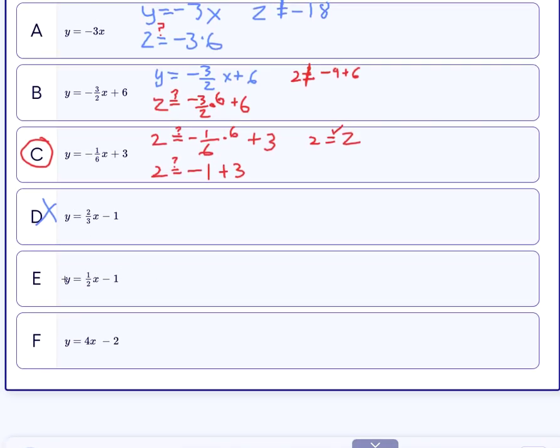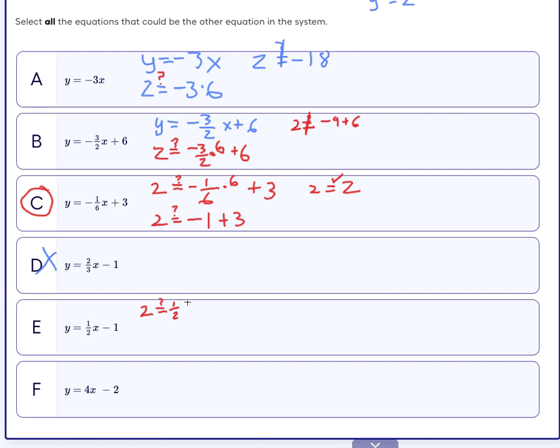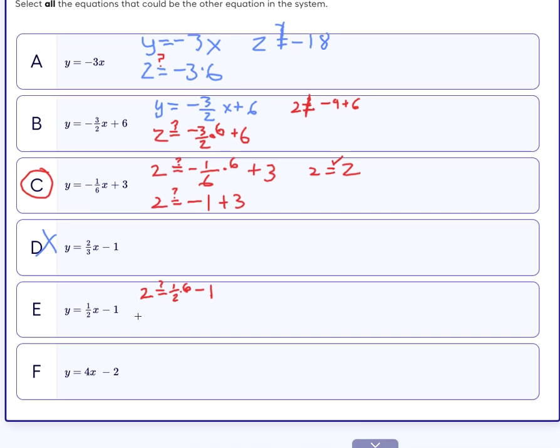Let's try this one. When y is 2, is it equal to half times x, which is 6, minus 1? Okay, so is it equal to half times 6 is 3 minus 1? Oh, yes it is. 2 is equal to 3 minus 1. 2 is equal to 2.